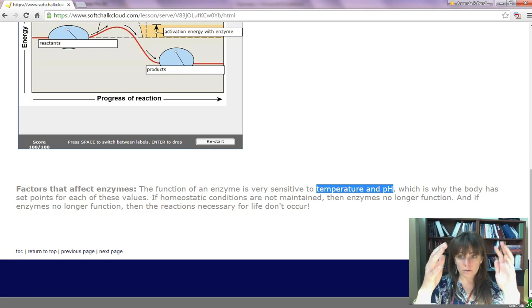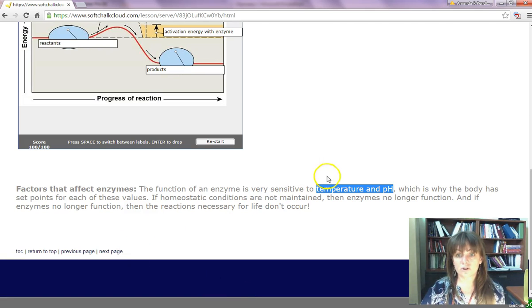And so that means that the body has to keep temperature and pH in strict homeostasis. And we'll talk a little bit more about what pH is on the next page in the lesson.